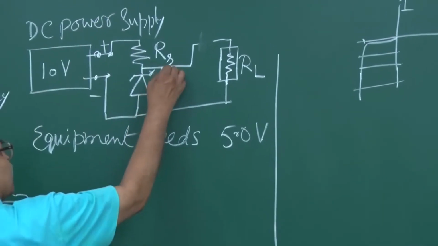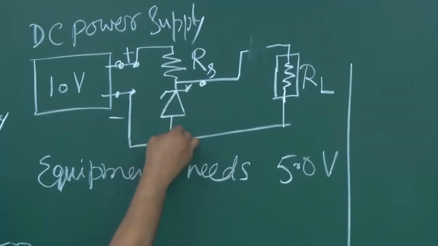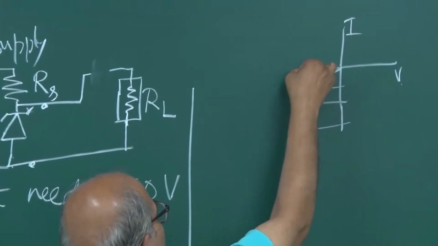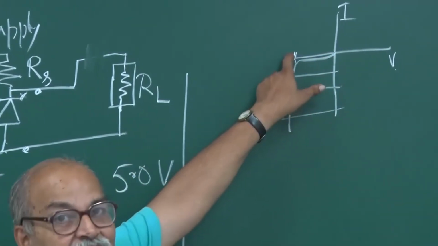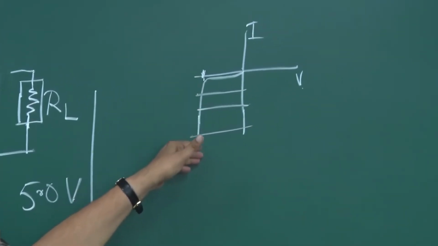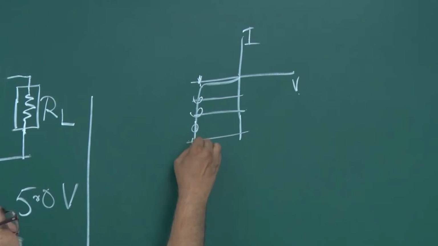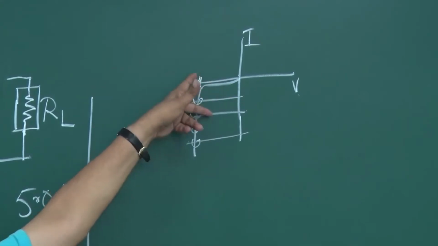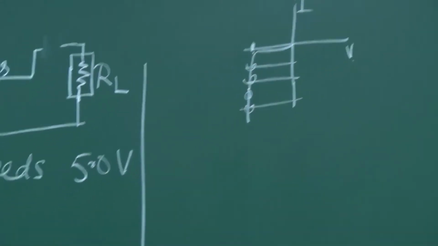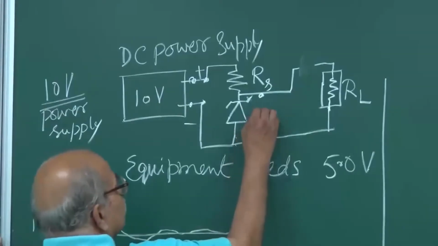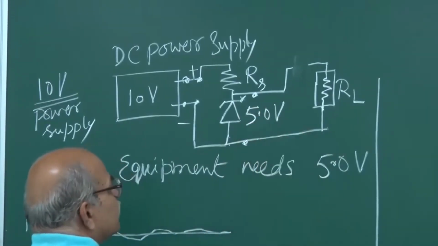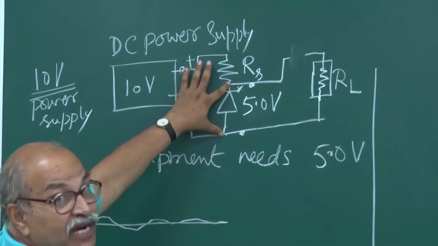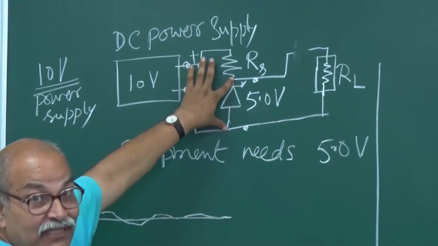And the voltage across this Zener, remember, this is the IV characteristic, when it is operating in this breakdown region, somewhere here, the voltage is fixed, and that is the breakdown voltage. That is 5.0 volt. Whatever be the current here, the voltage here is 5.0 volt if you are operating in that breakdown region.